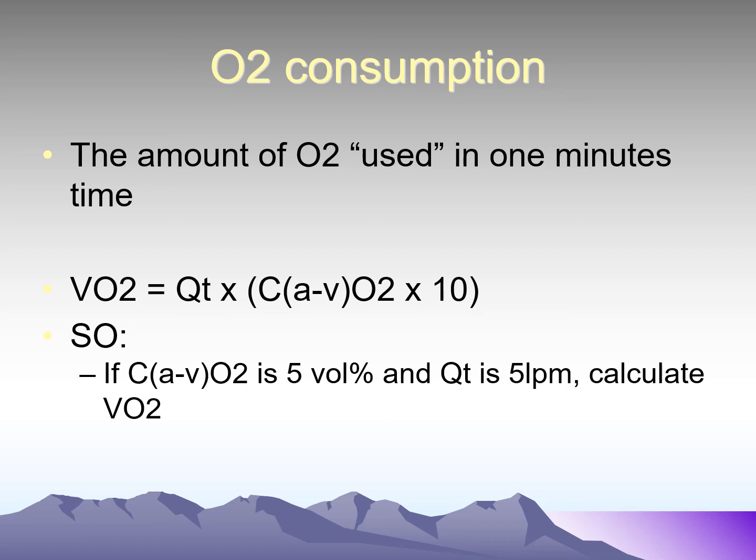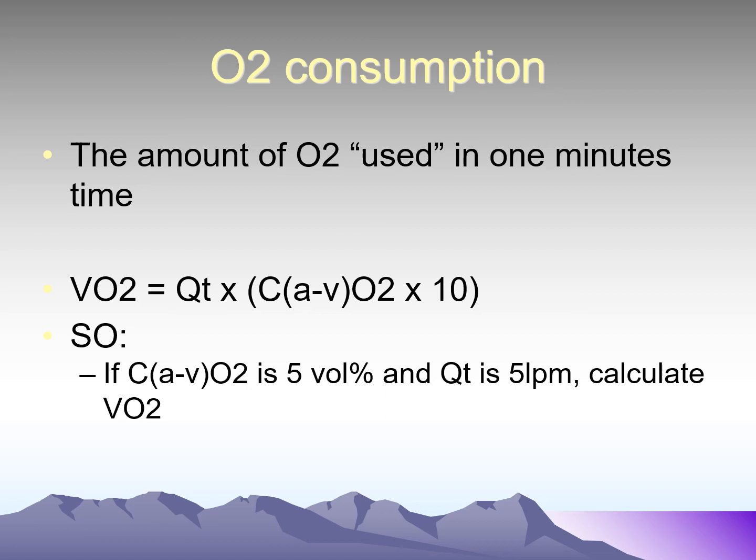So things that increase oxygen consumption, which we already talked about before, are anything that increases metabolism. Increased oxygen consumption is going to be represented by a decrease in the number.